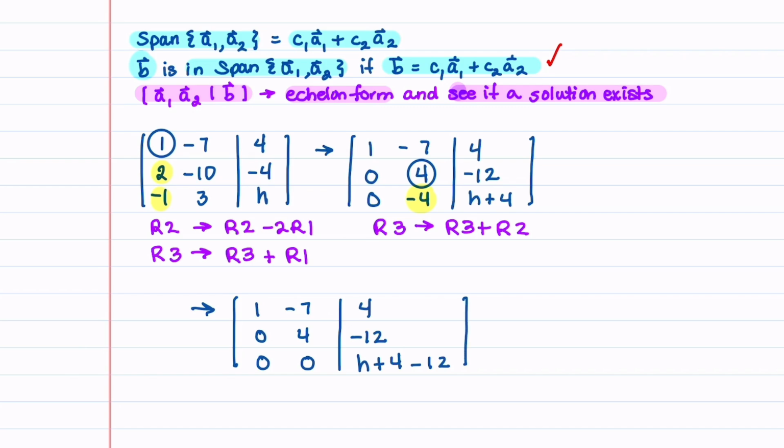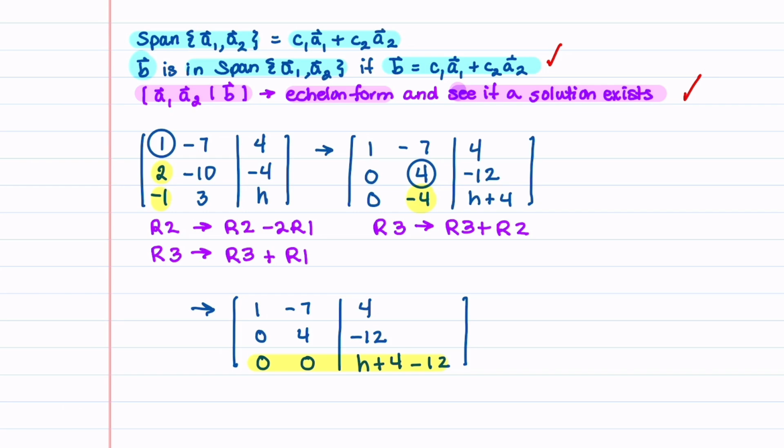Let's go back up here to some of our theory. What we wanted to do is, in order for b to be in the span of a1 and a2, we had to see if this matrix that we just constructed has a solution. So let's come down here and look at our last row.